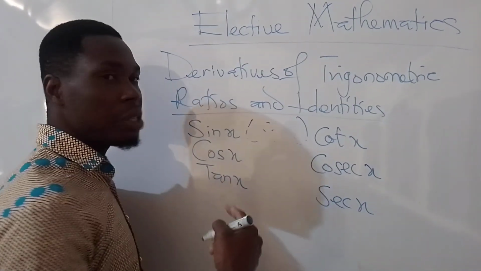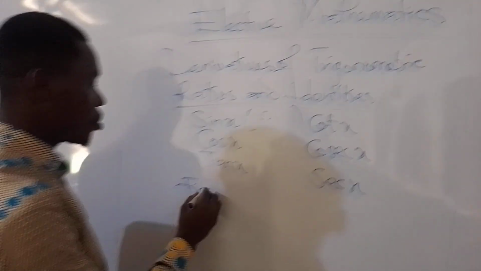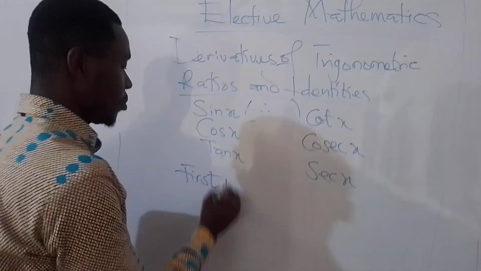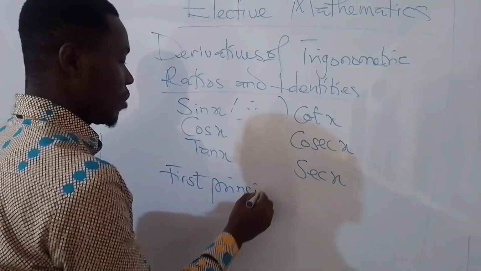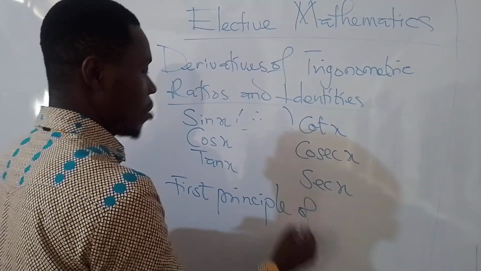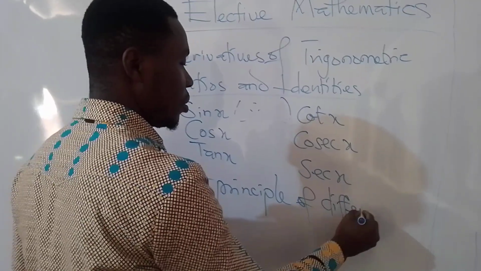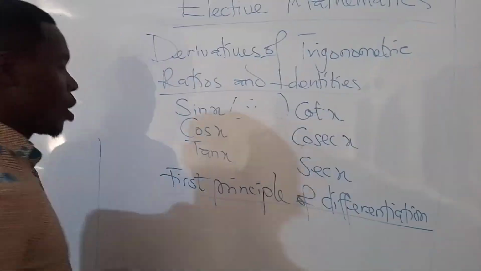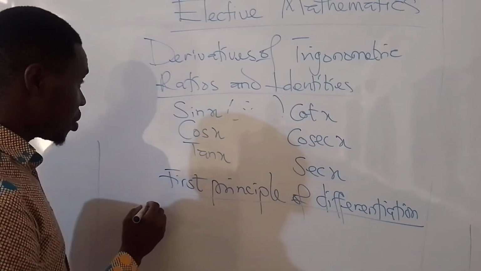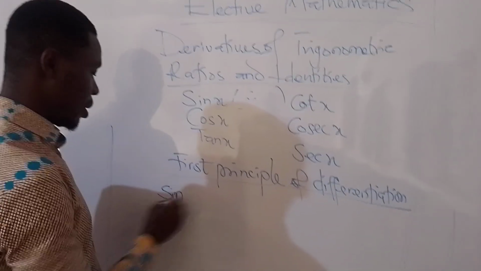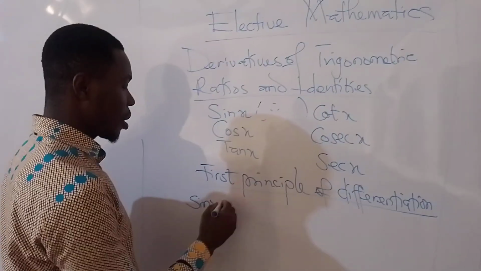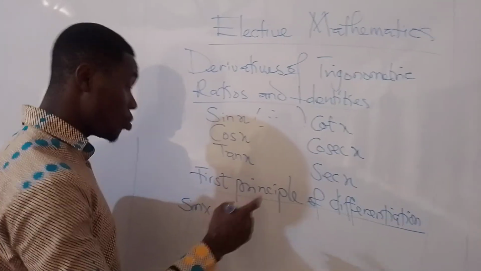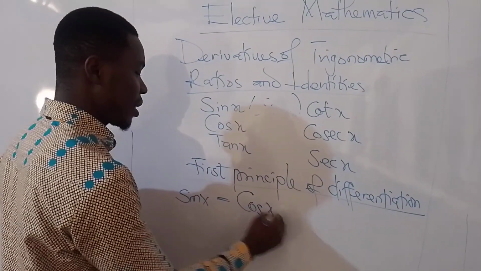From the first principle of differentiation, we know that when we differentiate sine x, the solution will be cos x.